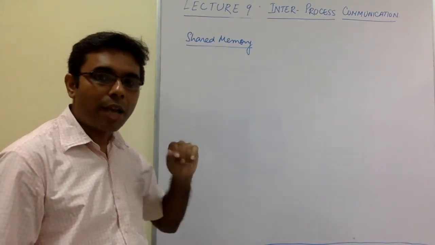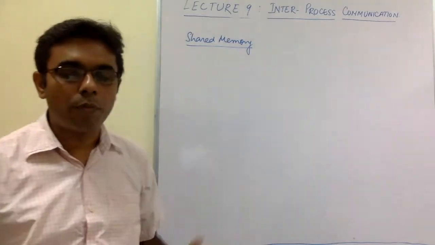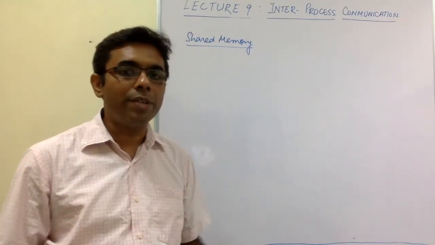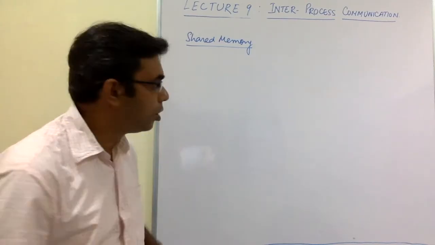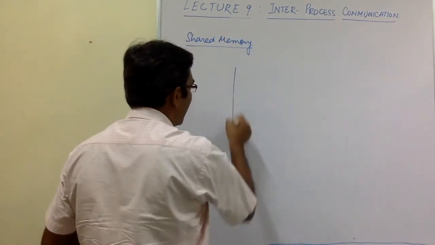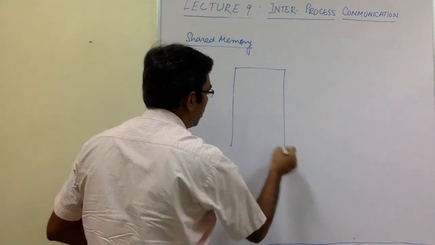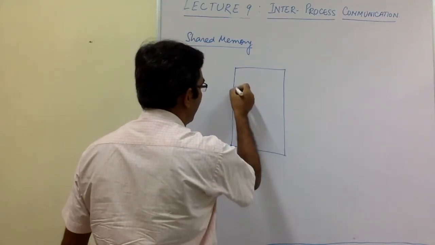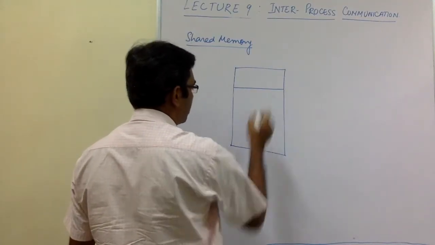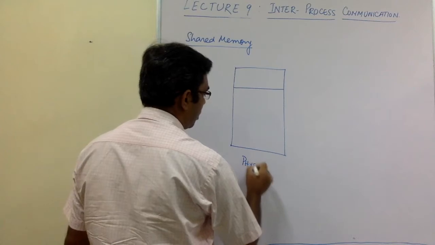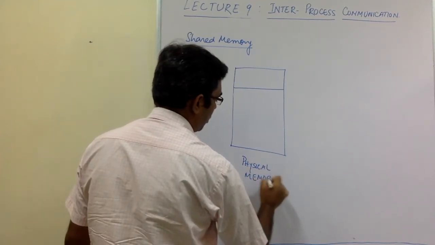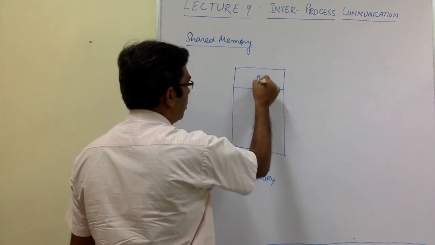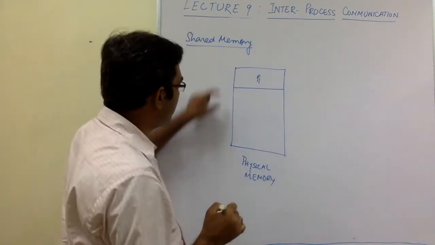We already know so far that processes occupy a certain range of addresses in the memory, and that's called its address space. So every process occupies a certain space in the memory. Let's say this is the physical memory, and this is a certain process P1 that occupies certain space in this.